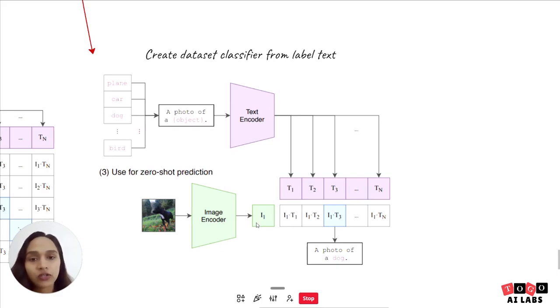If we compute the dot products, the image should not match with a plane, which is T1, or a car, T2. It should only match with T3, which is a dog. Now the dot product will be maximum for I1 and T3, and the vision language model can give the caption "a photo of a dog" for this image.